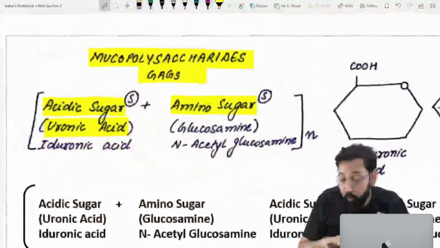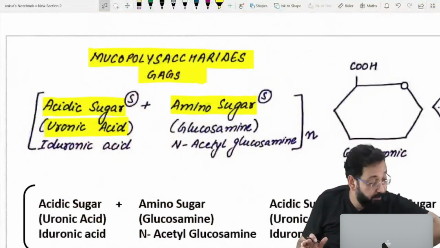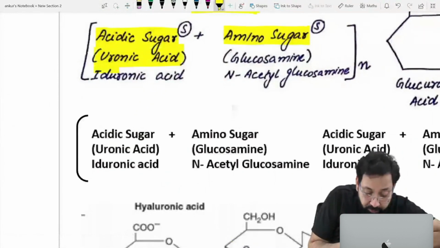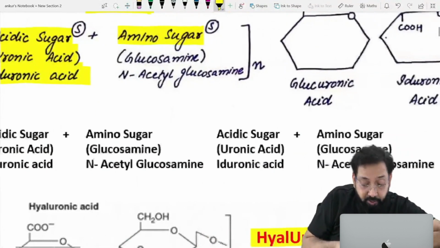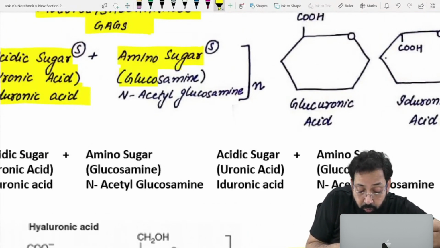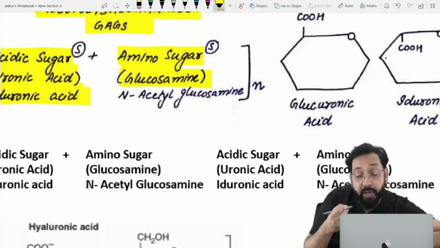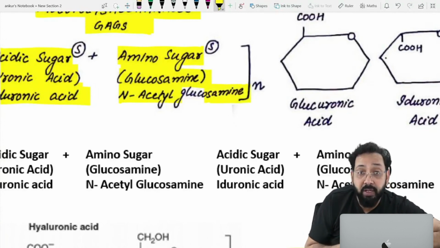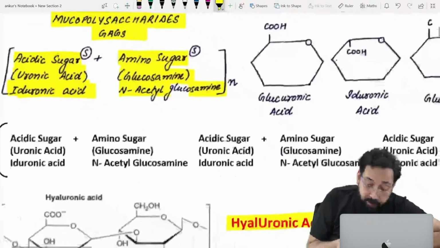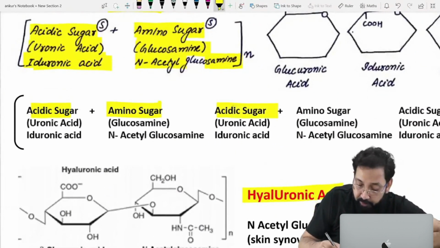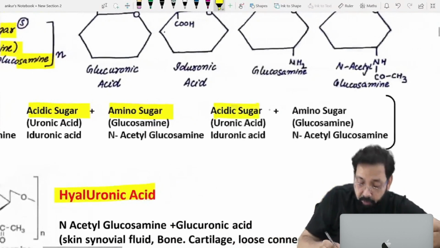When we saw their structure, they were having acidic sugar, means uronic acid or iduronic acid. They were having a second component, amino sugar, just like glucosamine and N-acetyl glucosamine. So acidic sugar, amino sugar, repeated again and again.